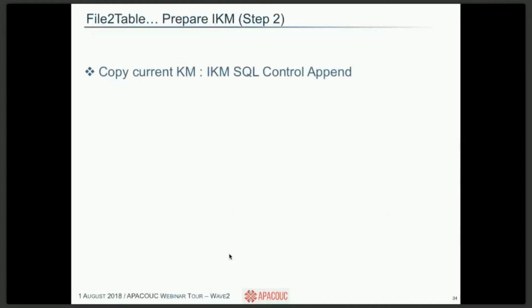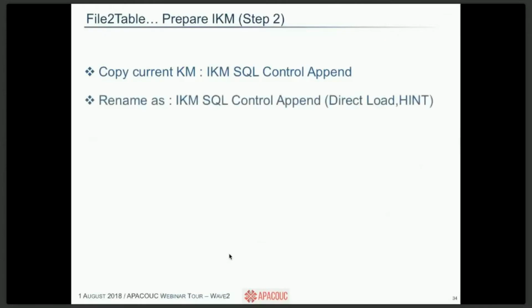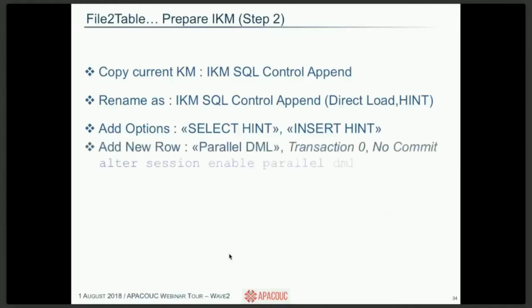So out of the box, there's an Oracle SQL Control Append knowledge module. I copied it and renamed it Direct Load Hint. I added two options because it will be only file to table with select and insert hint.